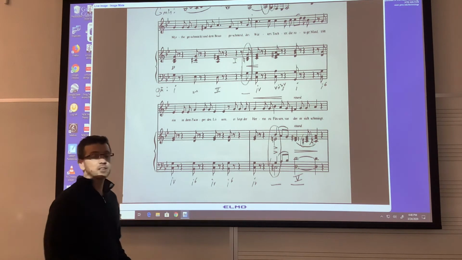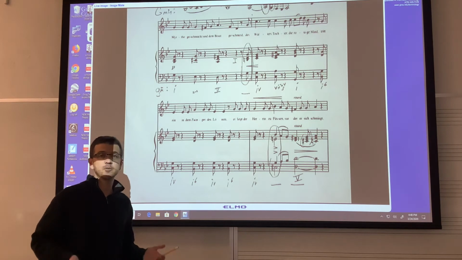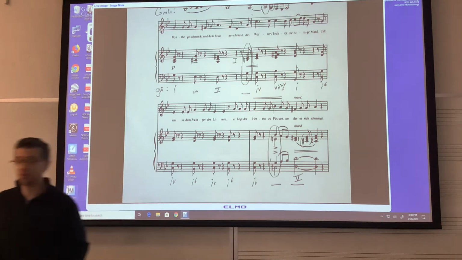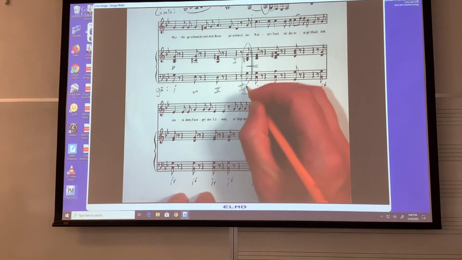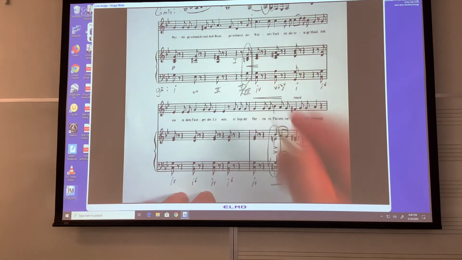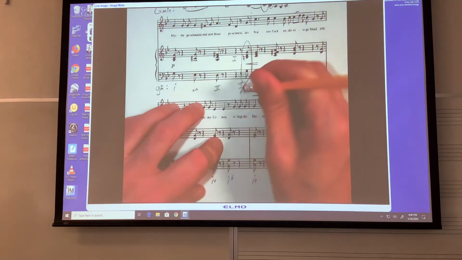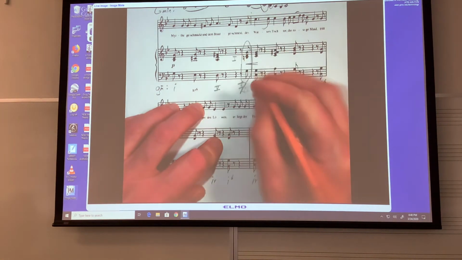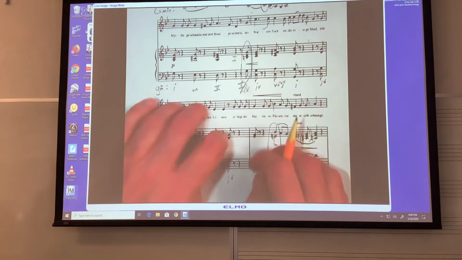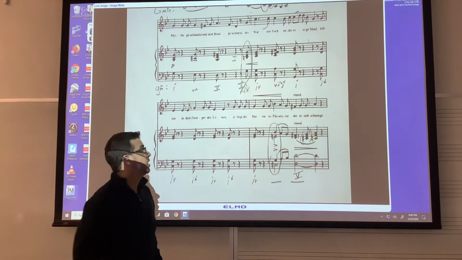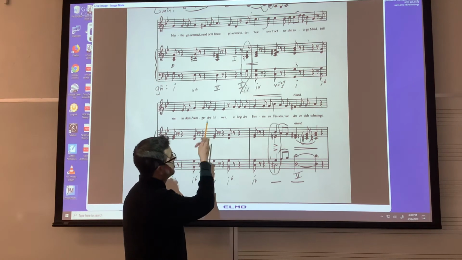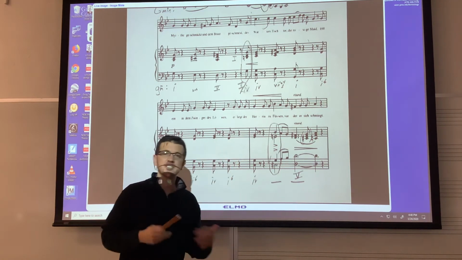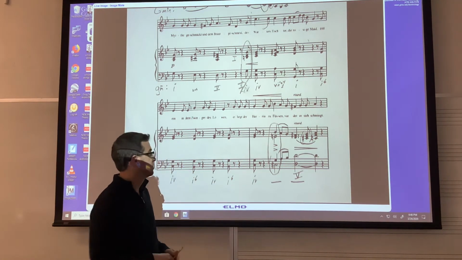So I actually think that the better way to analyze this instead of Roman numeral 1 is 5 of 4. In fact, if you listen to it, it really does sound like a 5-1, which makes sense. 5 of 4, 4. It doesn't sound like a 1 to 4 quite so much.